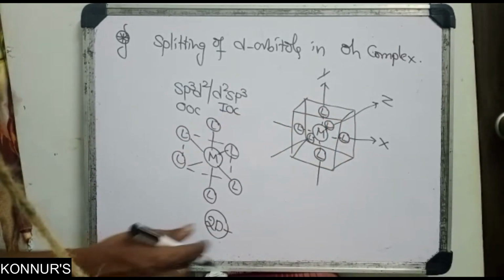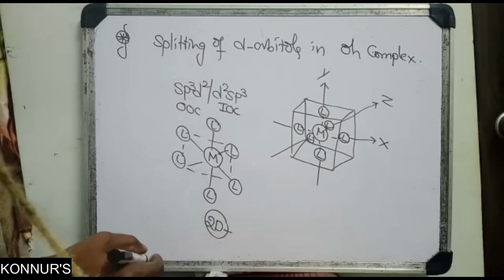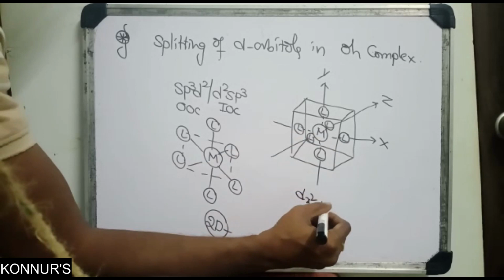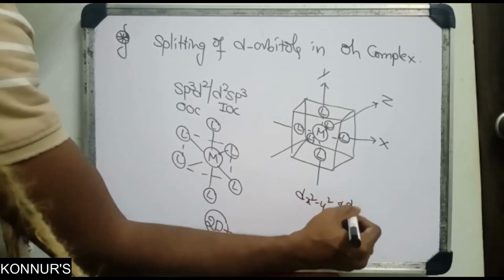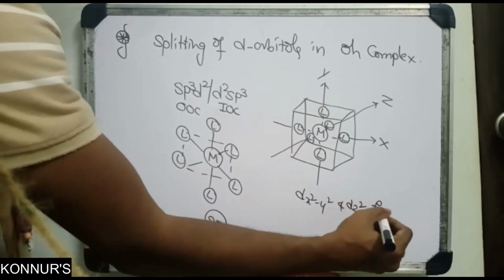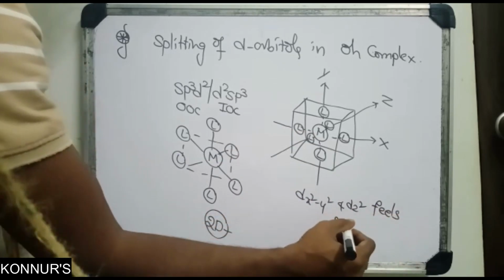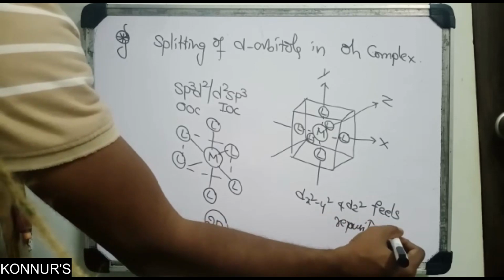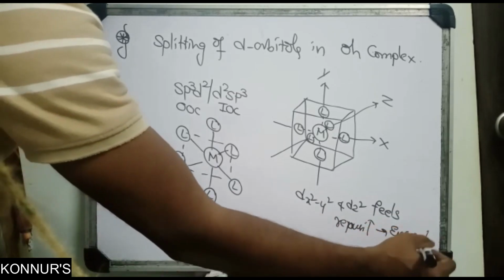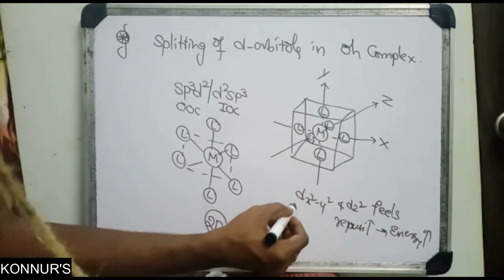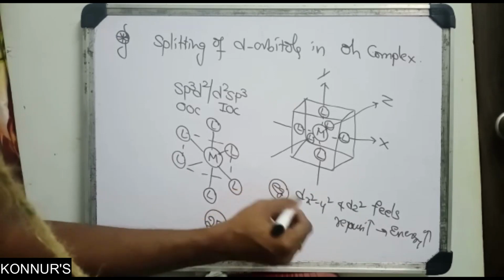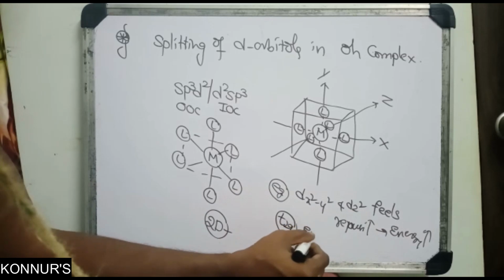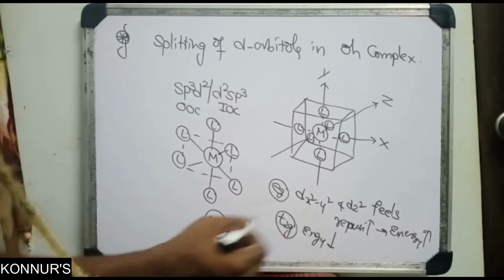So the d orbitals which are present on the axes, that is dx square minus y square and dz square, feel more repulsion, which means their energy increases. These are the Eg orbitals. Eg energy increases, which means T2g orbital energy decreases.